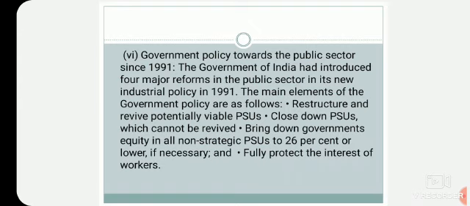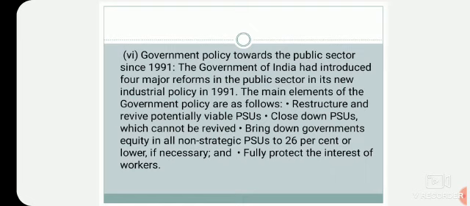So the government of India introduced four major reforms in the public sector in the year 1991. These main elements are: first, restructure and revive potentially viable public sector units.